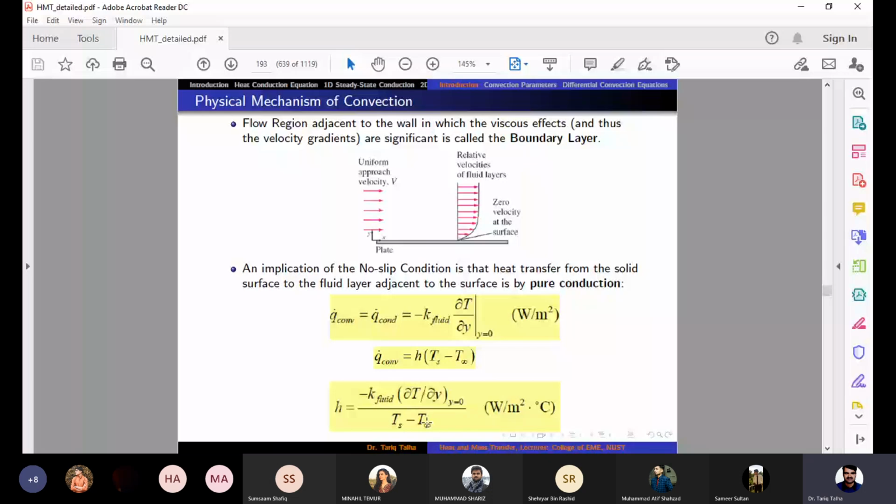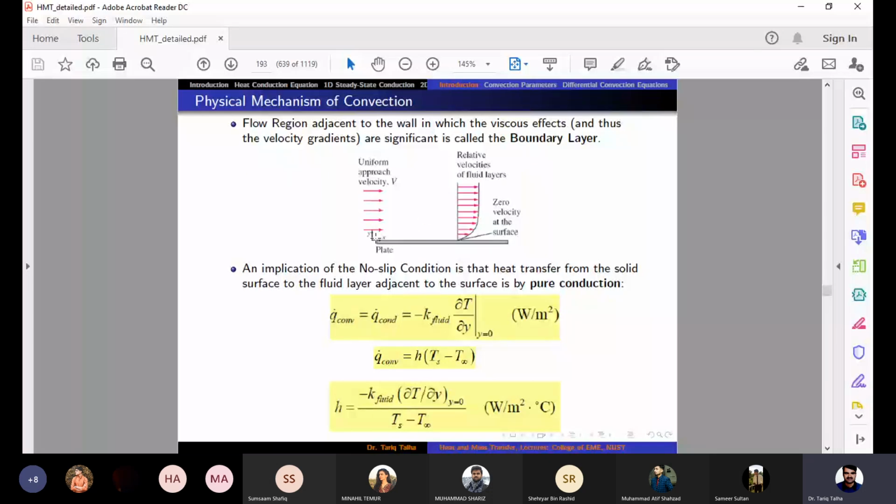Now if you look closely at this relation, K of fluid is a fluid property, which we can determine easily from any table, so that is fine. Ts is the temperature of this surface, which can be determined by some thermostat, and T infinity is the temperature of the surrounding fluid which is flowing over this solid surface.